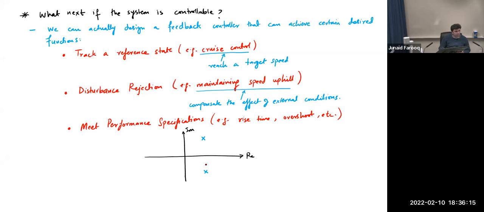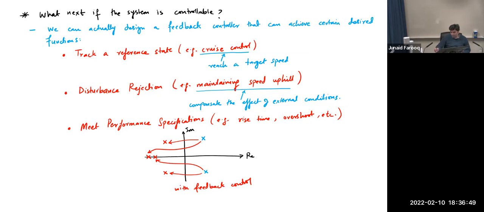Here it is in the unstable region, but you could always bring it here, with feedback control. Or you can place the poles anywhere. For example, this one you place here, and this one you place here. That's according to your design specifications.